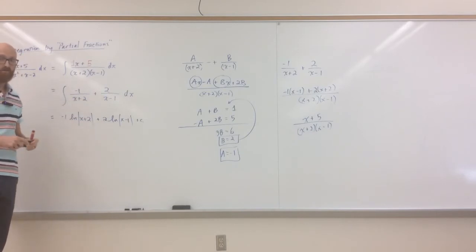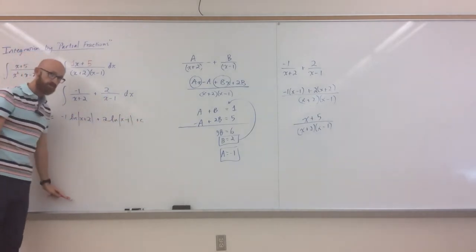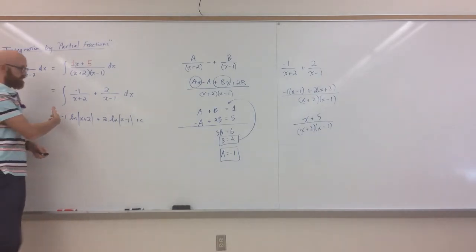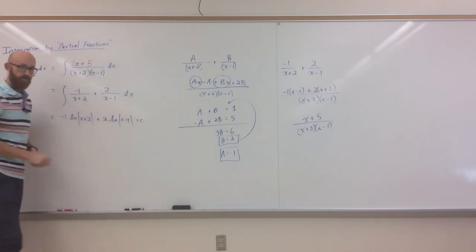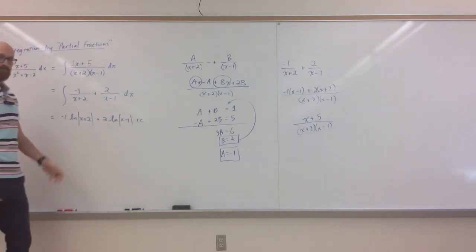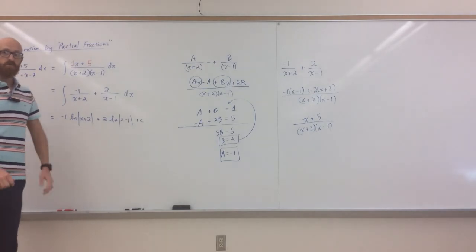Very often these are going to result in natural logarithms. In the end, I added the constant of integration. If this was a definite integral with limits on the top and bottom, we would evaluate this without the plus c, from bottom to top, and subtract accordingly. So this is the technique for integration by partial fractions.